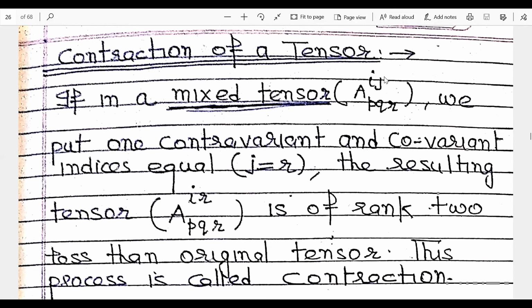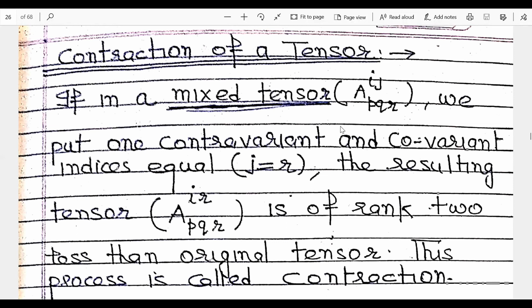So if j and r are equal, this tensor will become A^{ir}_{pqr}. So basically this r is treated as a dummy index. So it means A^i_{pq}. So its order is 3, earlier its order was 5.